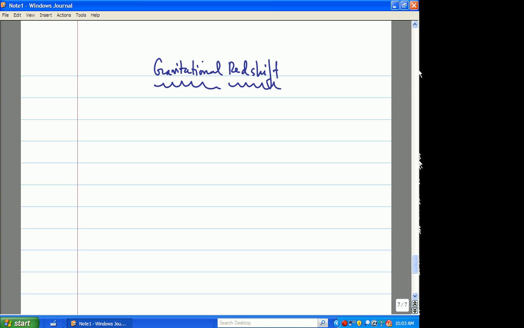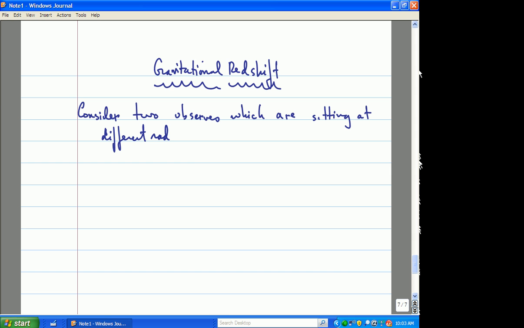So I would like you to start by imagining that we have two observers which are sitting at different radii, so different vertical positions in the Schwarzschild geometry.